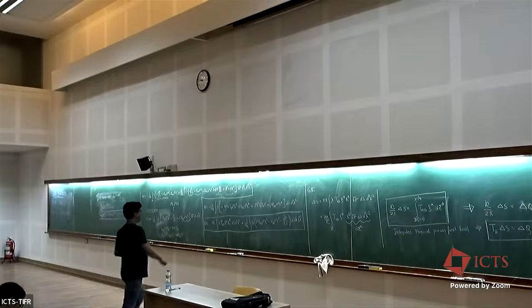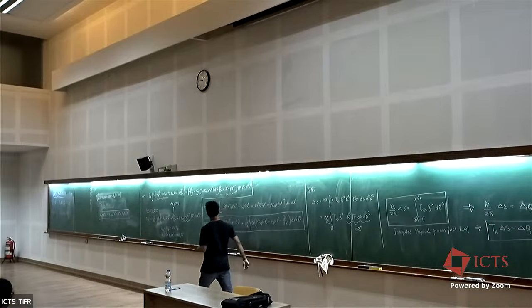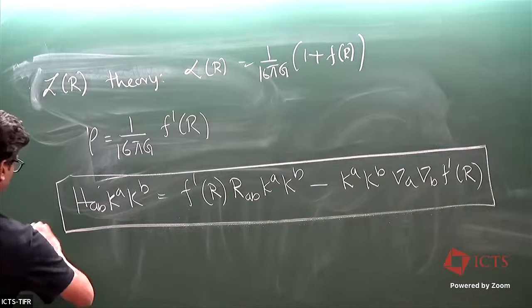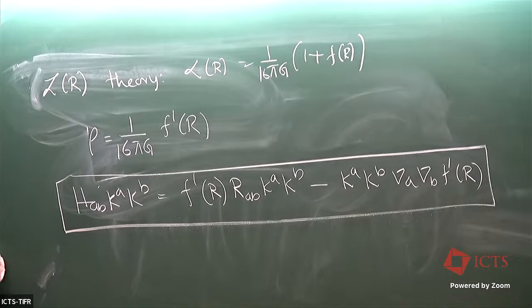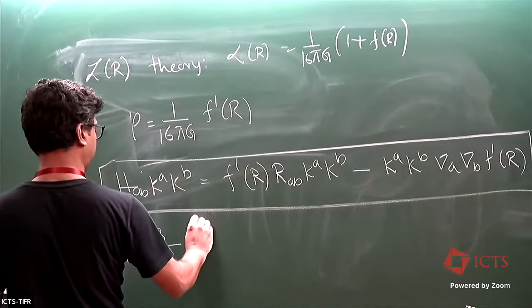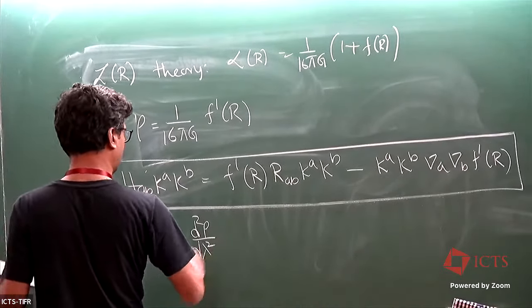With this, let's calculate this object. So therefore, rho is 1 by 16 pi G, and we calculate rho R_alpha beta K^alpha K^beta minus H_alpha beta K^alpha K^beta minus D^2 rho over D lambda^2. What is this object?